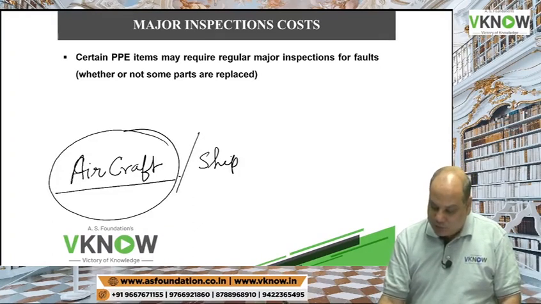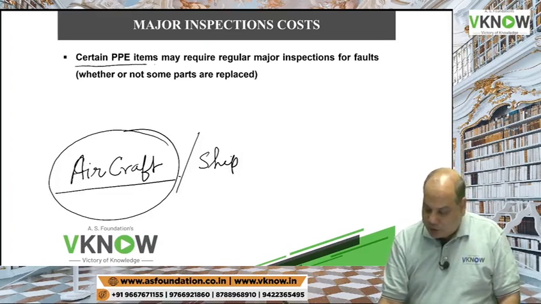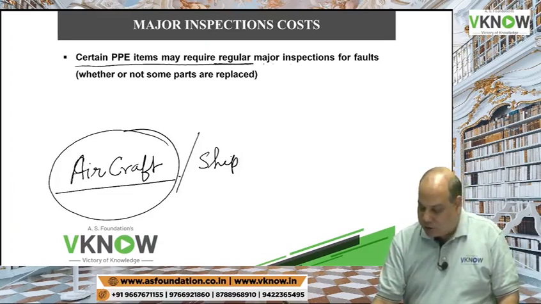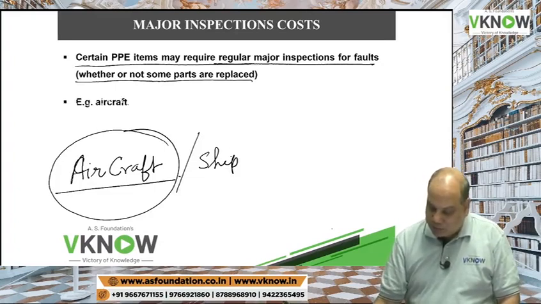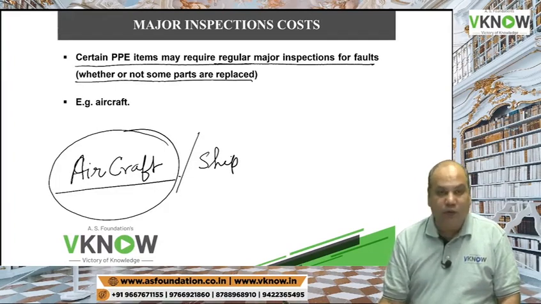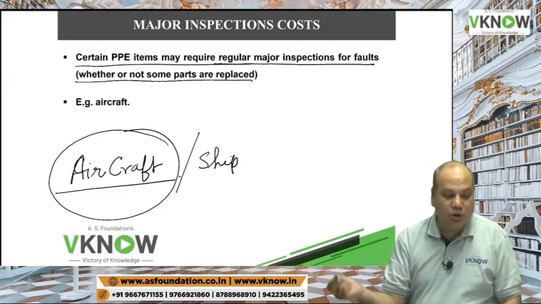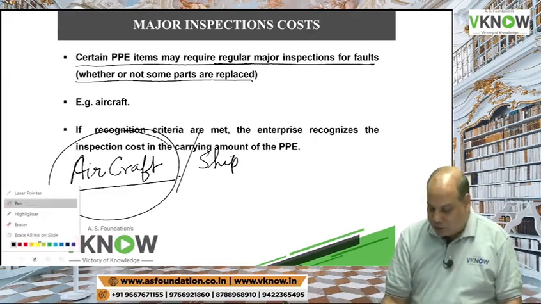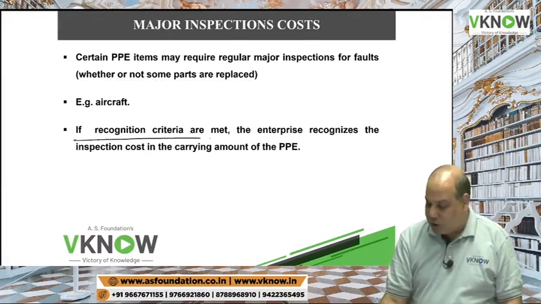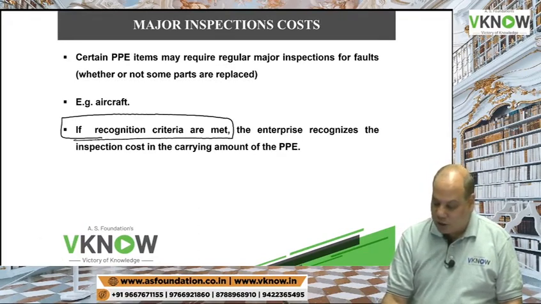So what the standard says: if a certain PPE item requires major inspection, whether or not some parts are replaced, then even that major inspection cost will be capitalized if recognition criteria are met.